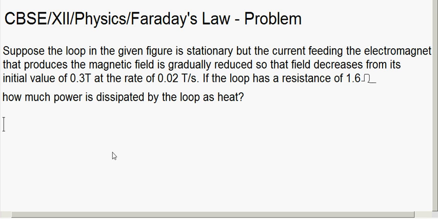First I will give you the figure also. Suppose the loop in the given figure is stationary, but the current feeding the electromagnet that produces the magnetic field is gradually reduced so that the field decreases from its initial value of 0.3 Tesla at the rate of 0.02 Tesla per second. If the loop has a resistance of 1.6 ohm, how much power is dissipated by the loop as heat? Now here, first I will give you the figure and then we will try to understand the problem.